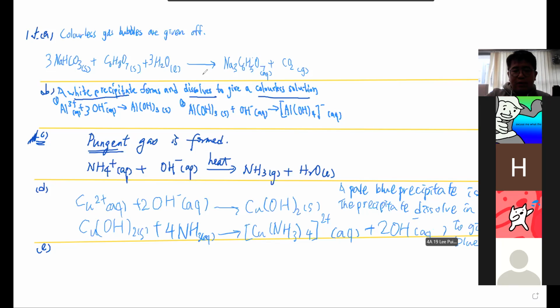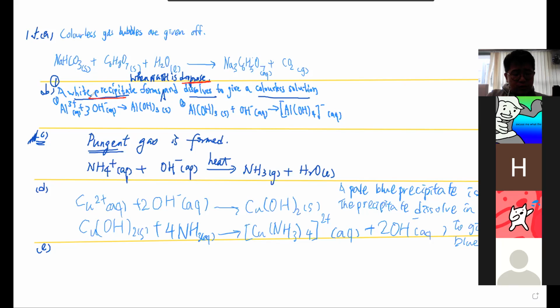So this is number 1 and number 2. Now I pick this one as an example. Number 1, a white ppt is formed. You are going to mention the condition. The condition is what? What solution is there? Sodium hydroxide, right? When sodium hydroxide is added dropwise. Can you get the point? This is the key, what I would like to draw attention to.